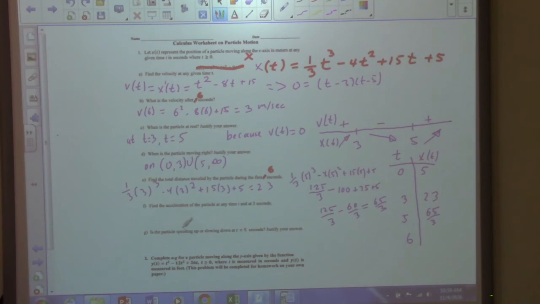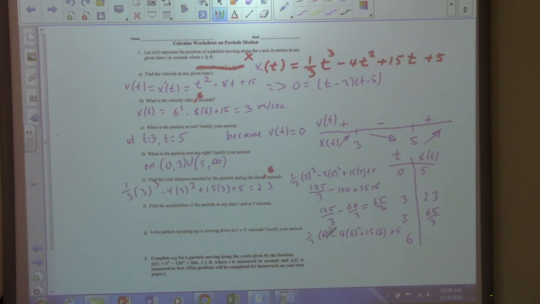And then at 6, we have 1/3 times 6 cubed. Now here we get into 6, that's almost like, hey, we need a calculator for this. 1/3 times 6 cubed minus 4 times 6 squared plus 15 times 6 plus 5. So we got 6 cubed, that's gonna be what, 216?